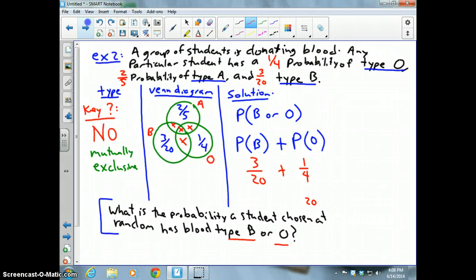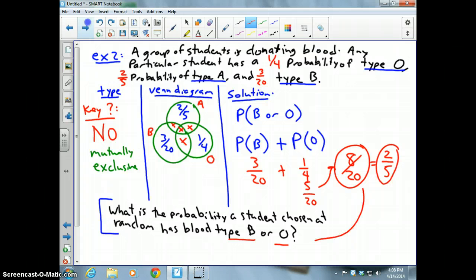And if I change that to a fraction with 20 in the bottom, that would be 5. So therefore, I have a total probability of having blood type B or O of 8/20, which reduces to 2/5. And that's the probability that will answer my question.